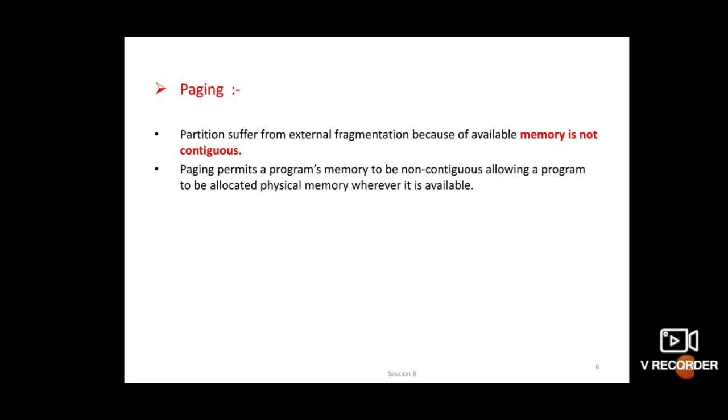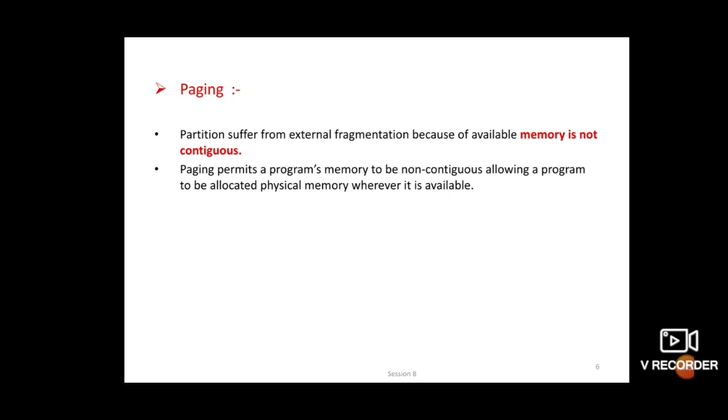Paging permits a program's memory to be non-contiguous, allowing a program to be allocated physical memory wherever it is available. Paging is non-contiguous real memory, so data is stored anywhere in physical memory.